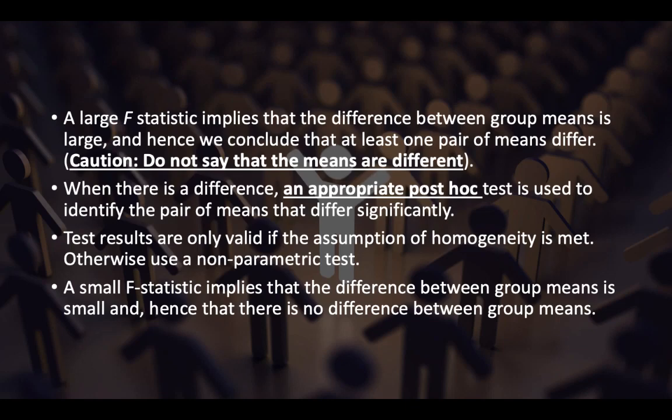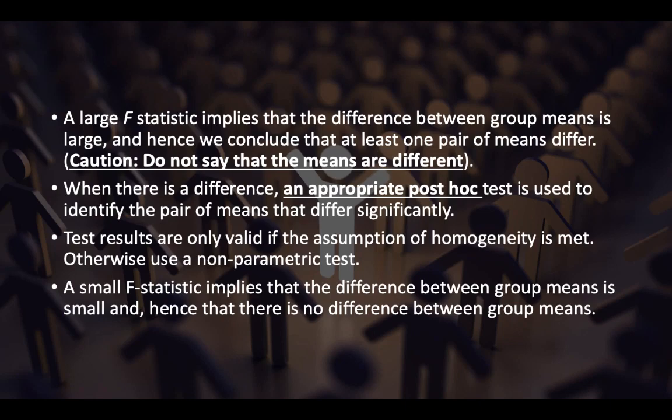And when you have a large F statistic and a small p-value, we need to conduct a post hoc test because we need to identify which pair of means actually differs from one another. So the results are valid if the assumption of homogeneity is met. Otherwise, we need to resort to a non-parametric test.